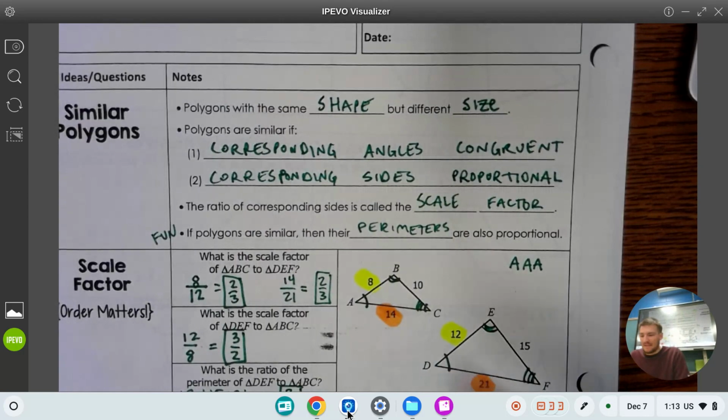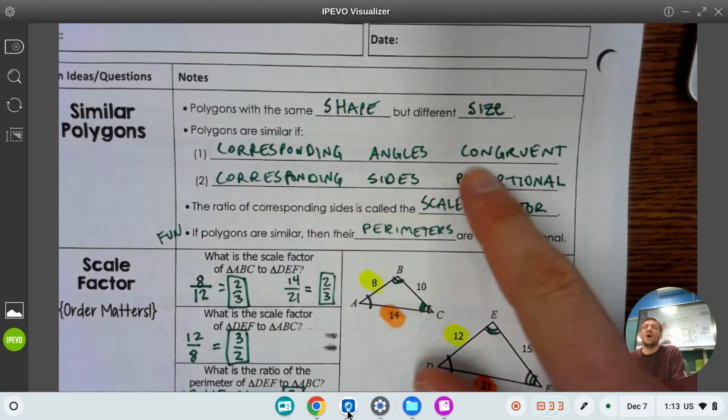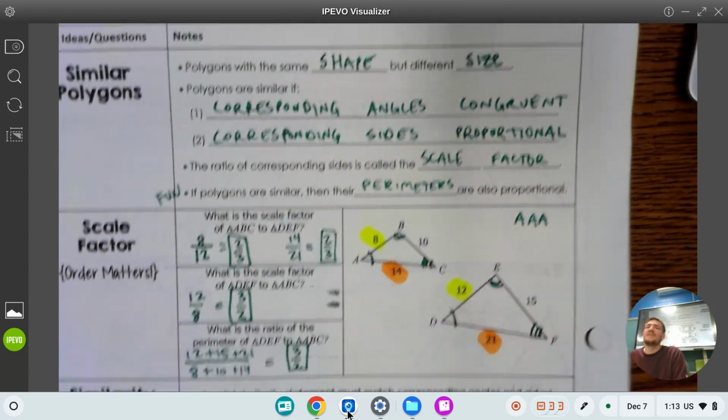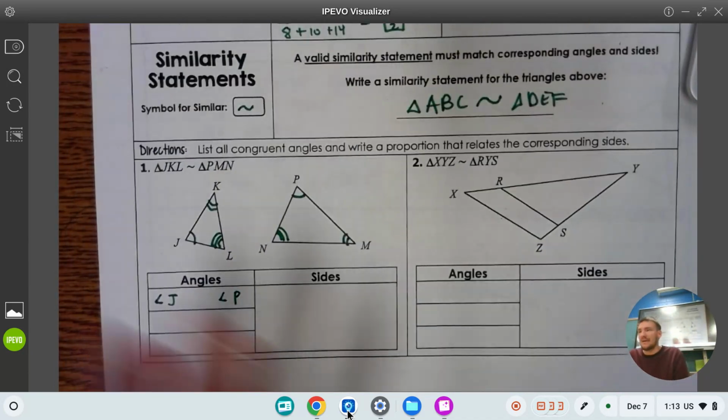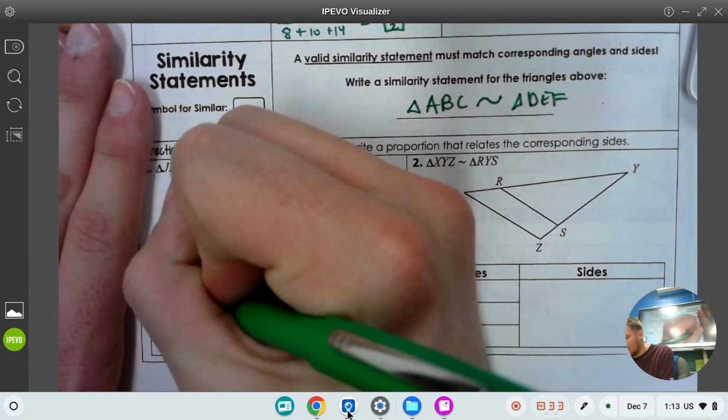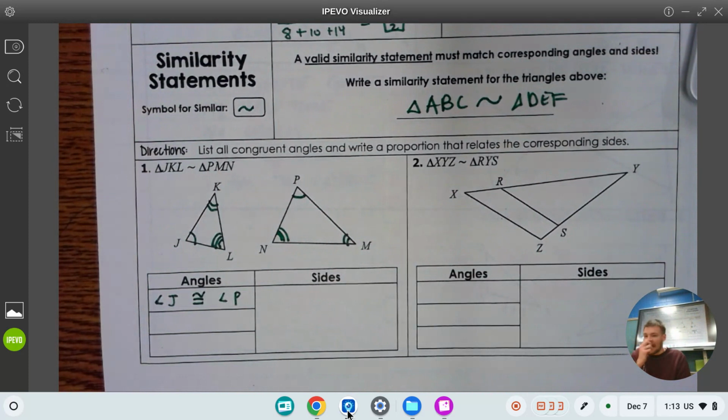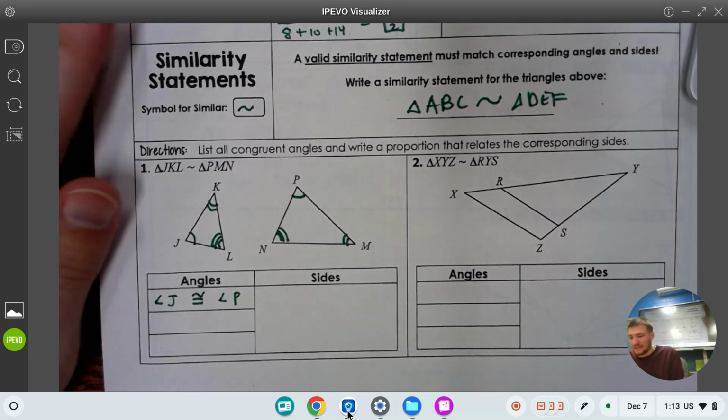Remember, the angles are congruent. We don't really use the equal sign when we're talking about shapes. So, we're going to use the equal sign with the congruent. The angles are exactly the same. The angles have to be the same. Not similar. There's really not such a thing as similar angles for now, at least. Okay?